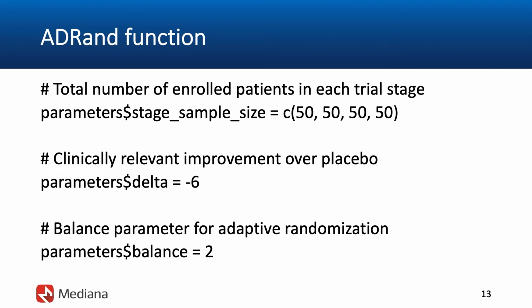And when we talk about adaptive dynamic response, adaptive randomization, there is a balance parameter. We denoted it by rho back in part 3. In this case, this balance parameter is set to 2, and this parameter defines or controls the degree of balance for patient allocation for the next cohort.